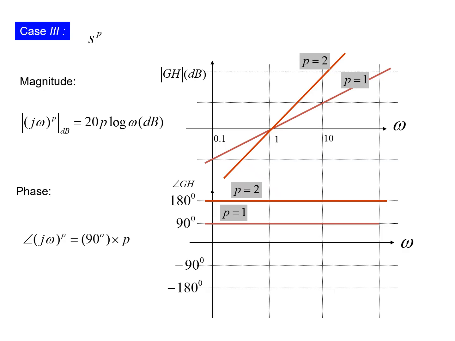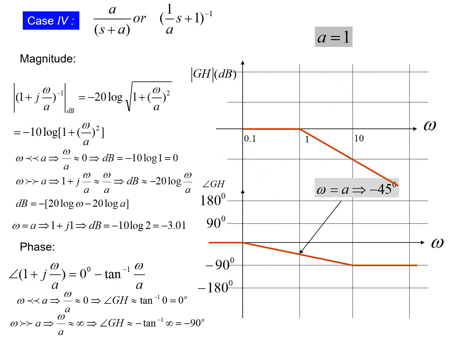Okay, and now for the phase angle, the angle of j omega power p is equal to 90 degrees times p, increasing with the frequency. For p equal to 1 it means 90, p equal to 2, 180 degrees.